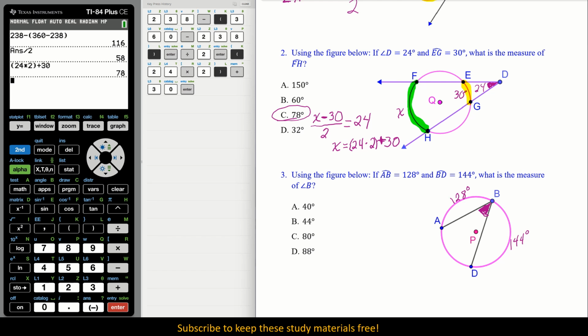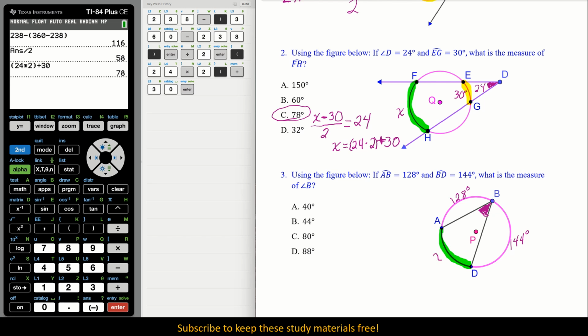I know that this segment here in green, if I take that and divide it by 2, I will get the angle measure of B. How do I get the green arc measure? Simple.